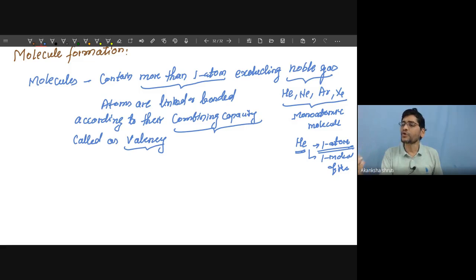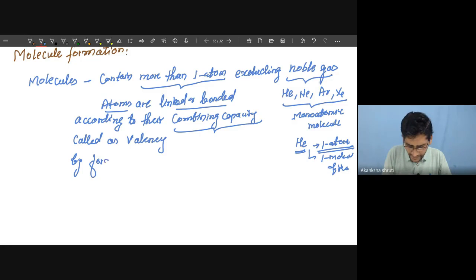Even a group of atoms can also show ions. Those two things we will understand. So students, please complete this, it is very important. Atoms are linked or bonded according to their combining capacity, called valency, by forming ions.